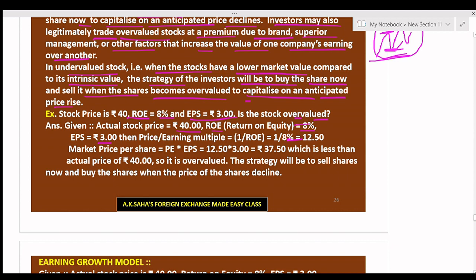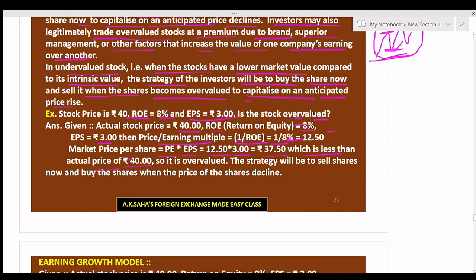Then price earning multiple is equal to 1 by ROE, that is equal to 1 by 8%, is equal to 12.50. Market price per share is equal to PE, price earning ratio, into EPS, earnings per share, is equal to 12.50 into 3, that is equal to 37.50, which is less than the actual price, rupees 40.